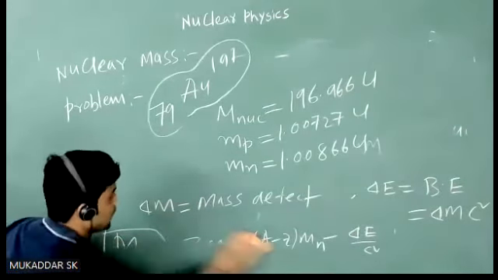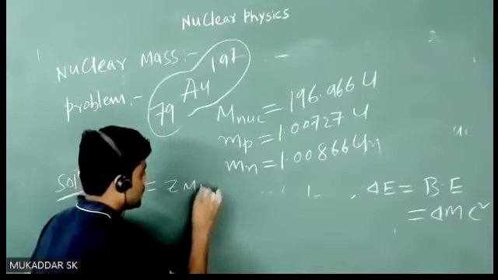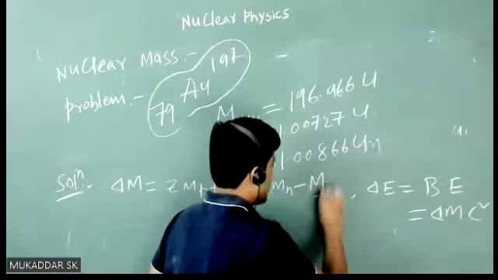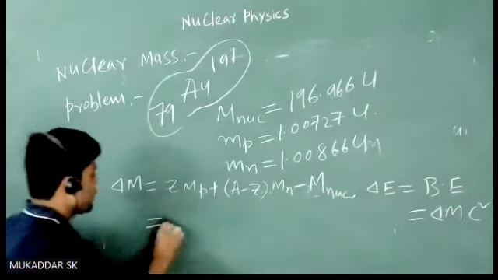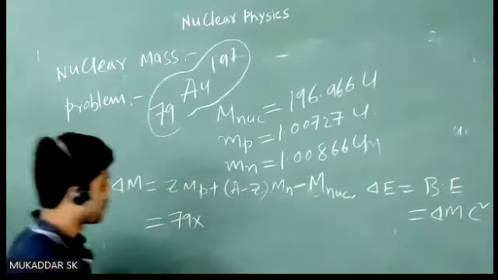So mass defect means what? Mass defect delta M is nothing but Z times mp plus (A minus Z) times mn minus the actual mass, M nuc. Z is 79, times the mass of a proton, 1.00727 in atomic mass unit.